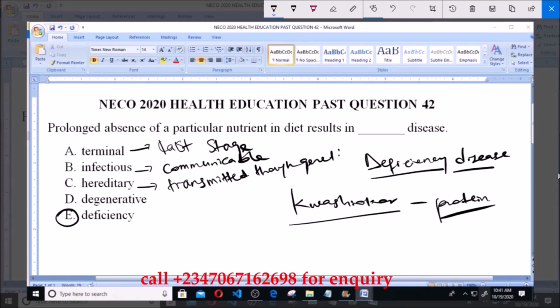Degenerative diseases are diseases that affect maybe several parts of the body or organs, and thereby decrease the mass of the organ. For instance, a degenerative disease that affects the liver will degenerate the liver. That is, the cells of the liver will begin to die gradually. So that's what degenerative disease means. But deficiency disease is when there is a prolonged absence of a particular nutrient in diet, and we call them deficiency diseases. So option E is the correct answer to this question.